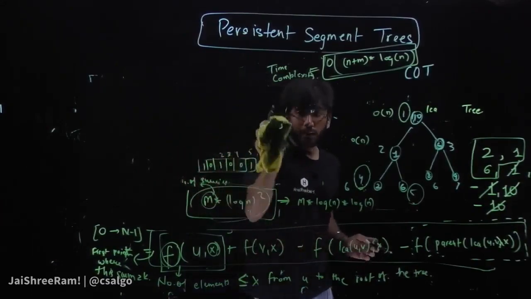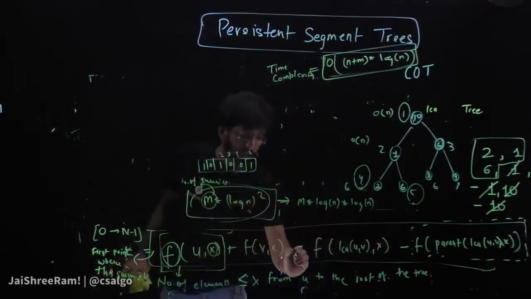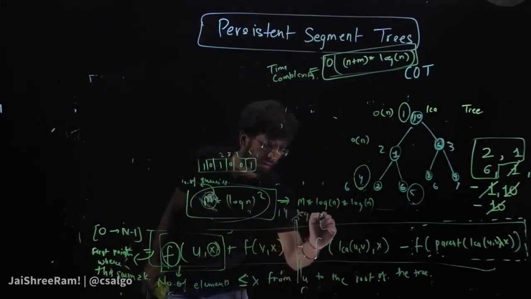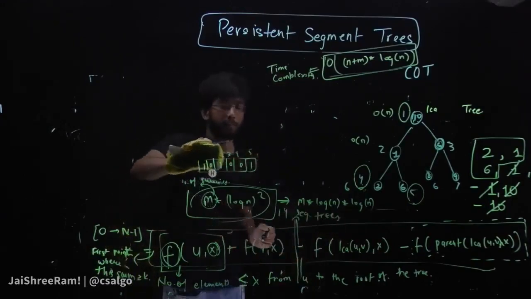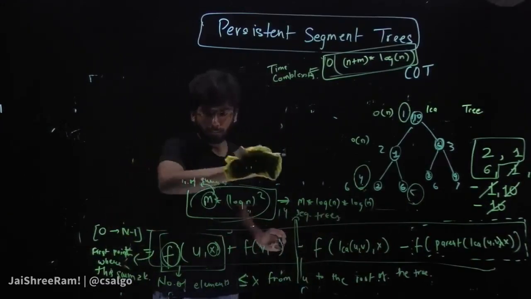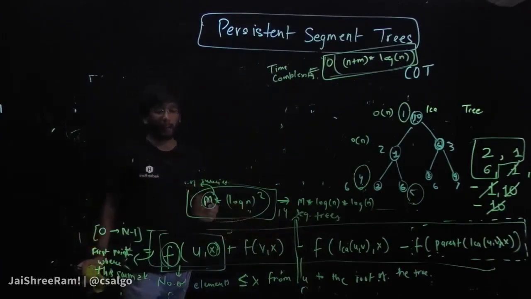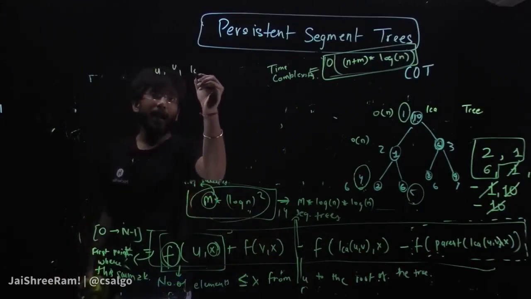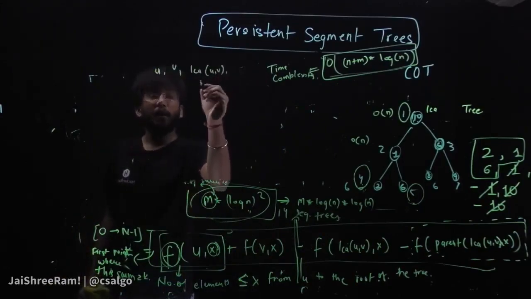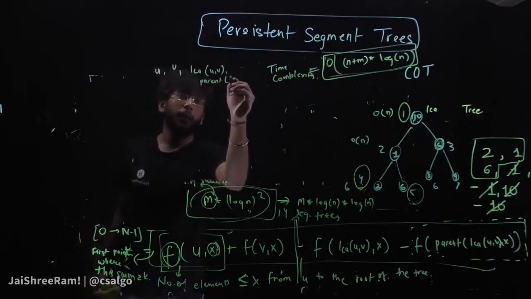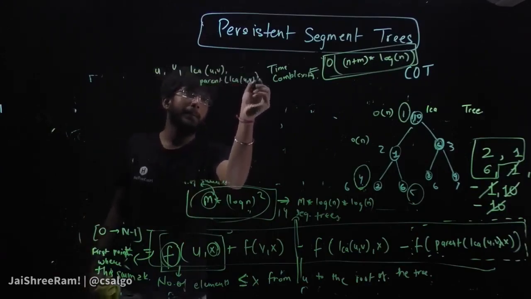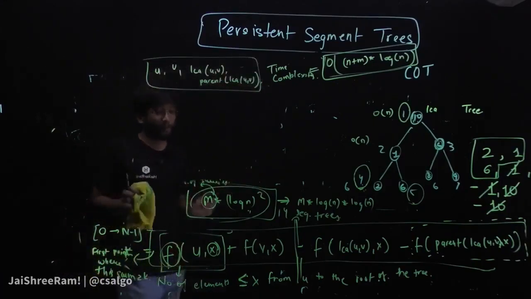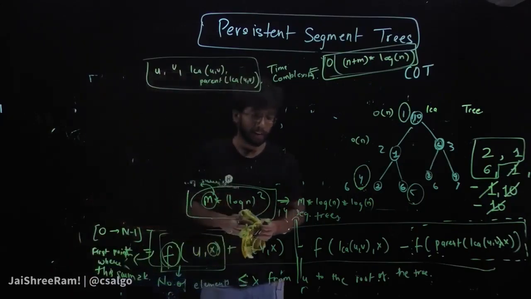So these are the 4 segment trees: of the node U, the node V, the LCA of node U and V, and the parent of the LCA of U and V. These are the 4 segment trees which are into our consideration.